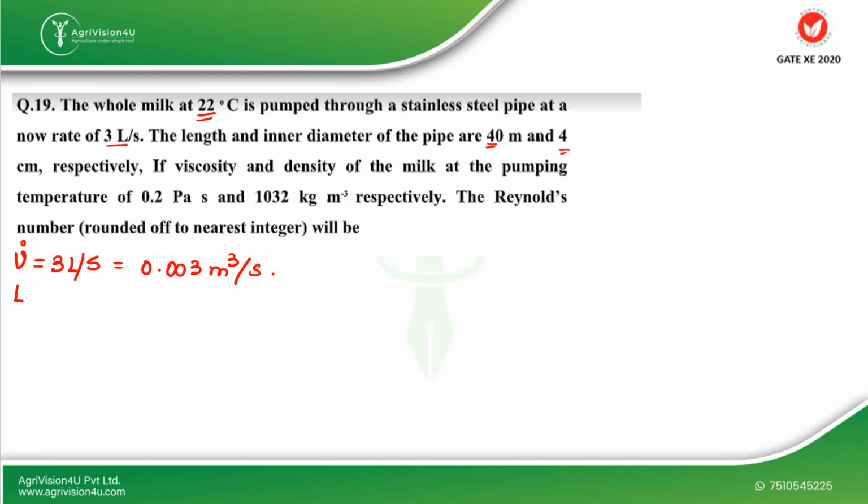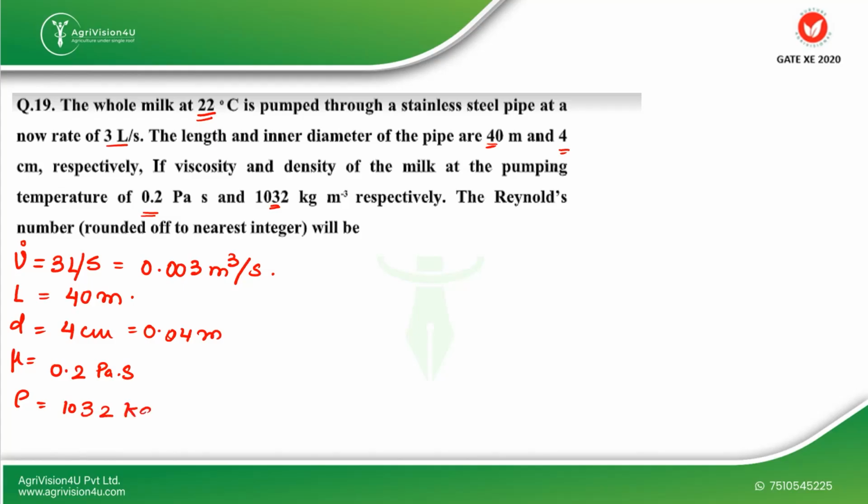So length L equals 40 meter and inner diameter is 4 centimeter. The viscosity and density of the milk at the temperature are 0.2 Pascal second and 1032 kg per meter cube. These are the data given.